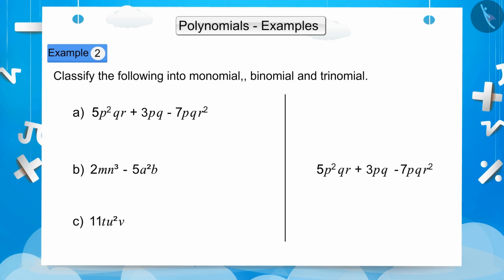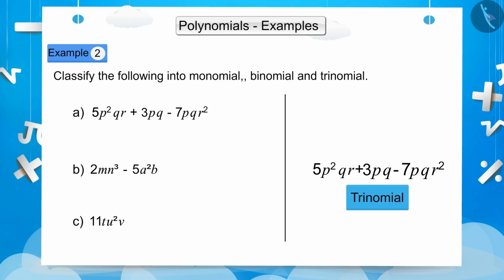In the given expression, there are 3 types of terms, in which the first term is 5p square qr, the second term is 3pq, and the third term is minus 7pqr square. Therefore, it is a trinomial.